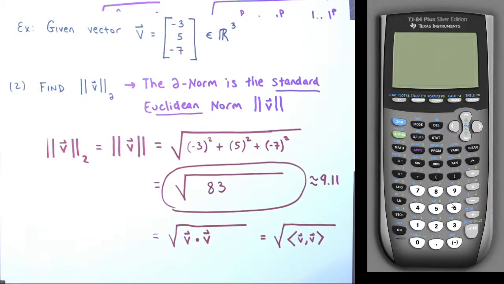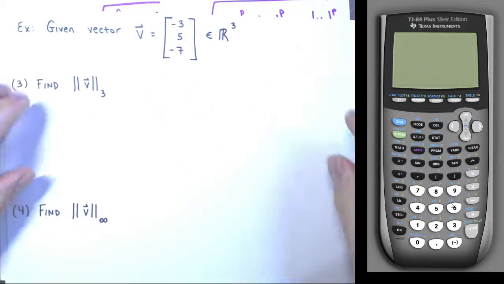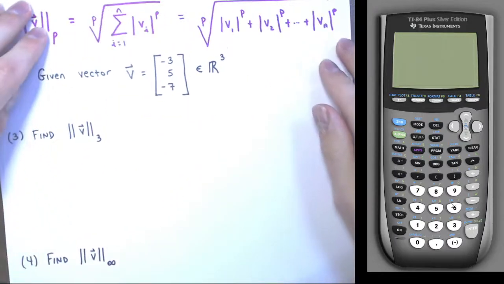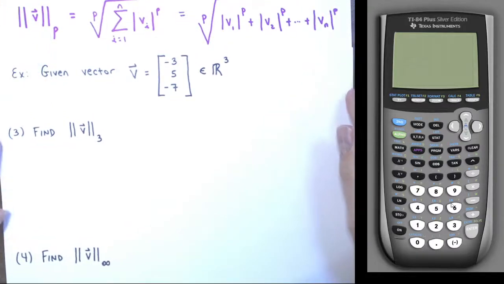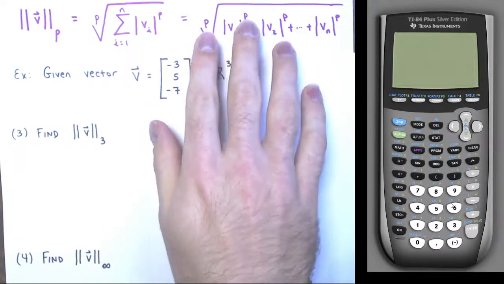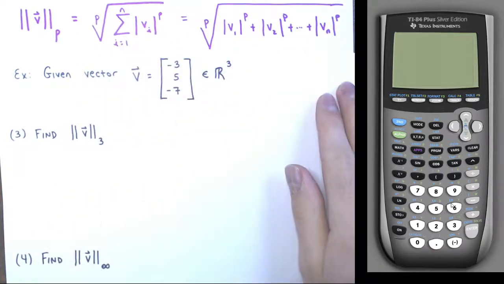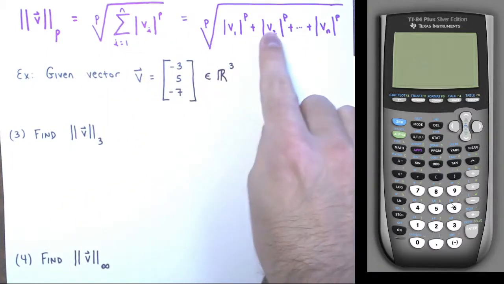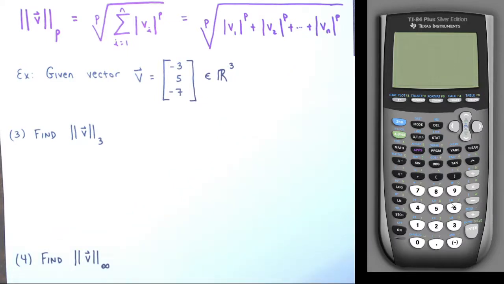Okay, and then a couple more. Let's take the same vector, and say I wanted to find the 3 norm. So I'm replacing all the p's up here with 3. So I'm taking a cube root of the sum of a bunch of cubes. So this time the absolute value would be needed, because when you raise to the 3rd power, you're not always positive.